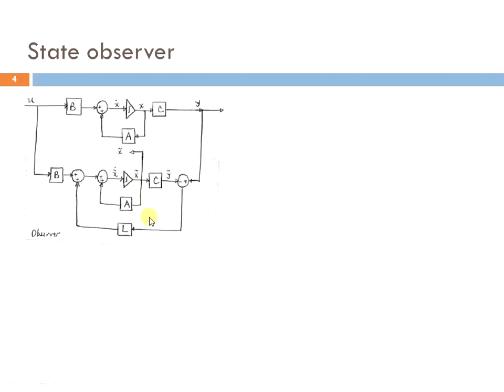The main distinction is that the state observer has an additional term which is constructed from a comparison between the measured output and the estimated output. The difference between those two signals is then scaled by this matrix L and is then added to the input to our observer.